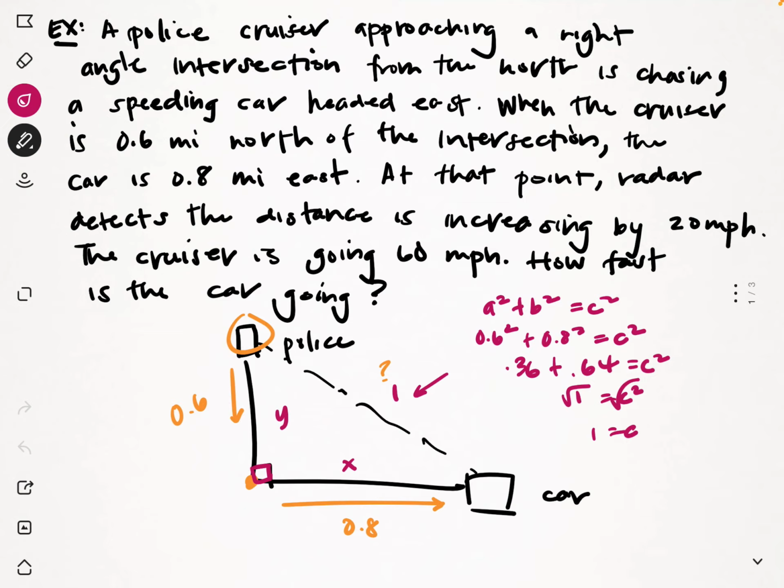It's actually probably easier if we just do it like this. Let's do A, B, and C. So A represents the police car, B represents the car it's chasing, and C represents the distance between them.